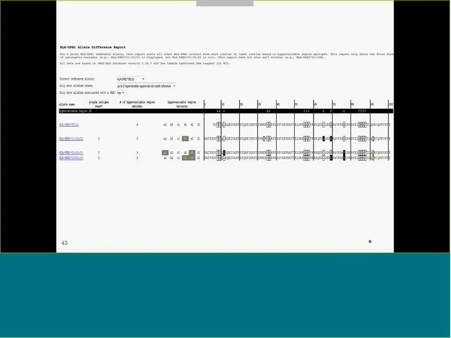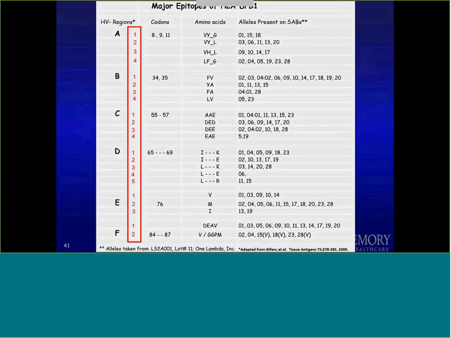So what we want to do is take a look and data reduce how we think about the hypervariable regions. And the way Bob and I have been talking about it lately is on the left side, we look at the hypervariable regions A through F. For the sake of discussion right now, let's consider each of those hypervariable regions a locus, and the polymorphisms that exist within each of those loci as alleles.